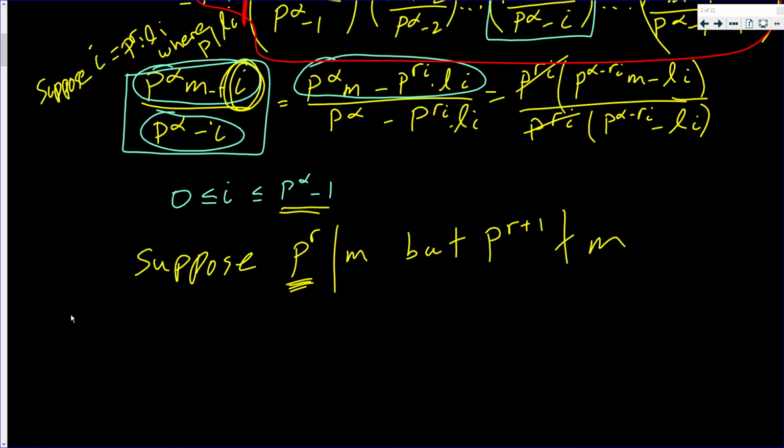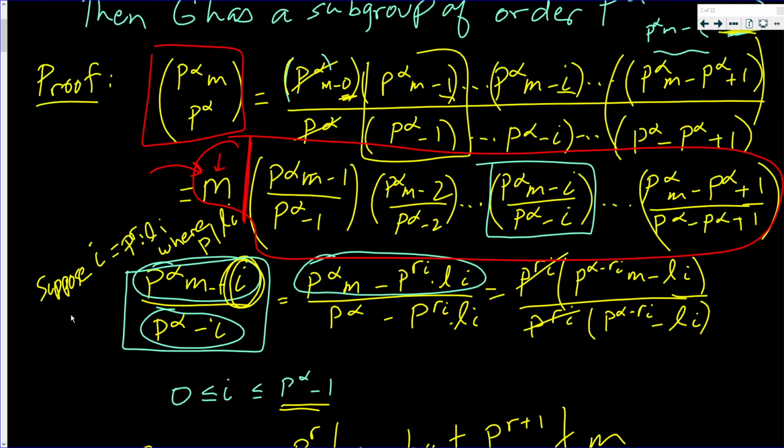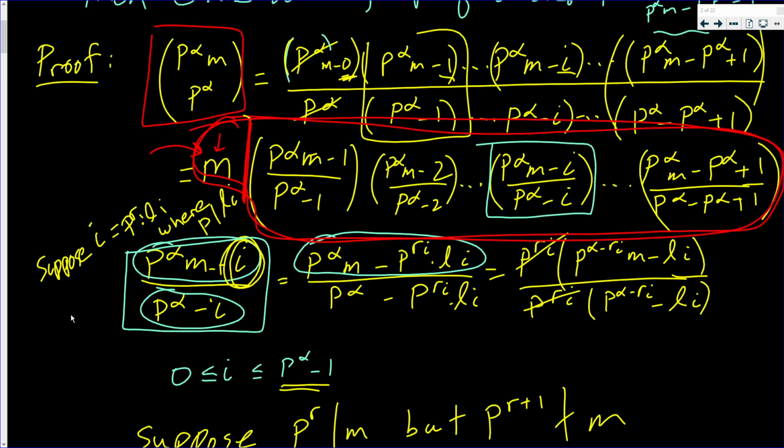Okay, so this all implies that p to the r will divide everything that I have in red. And that's the highest power of p, because no p's divide these. They all cancel out.